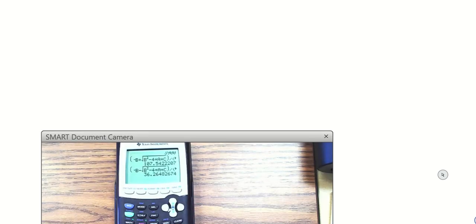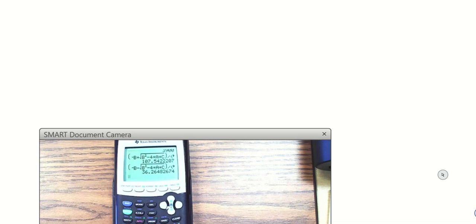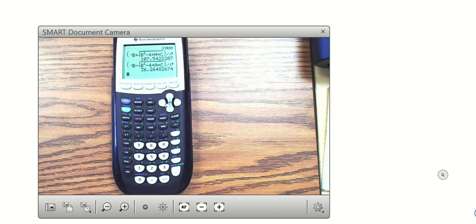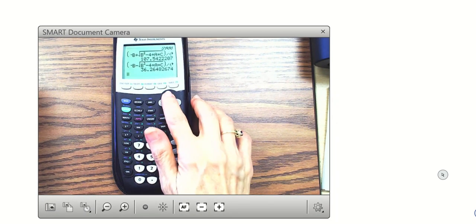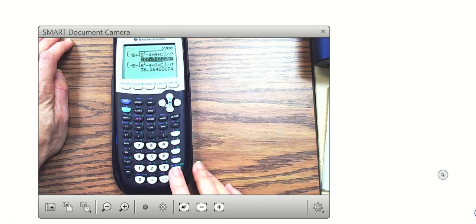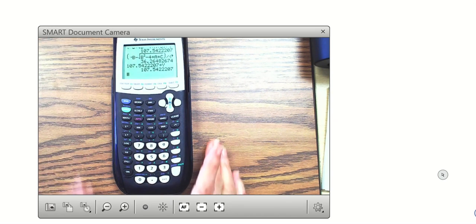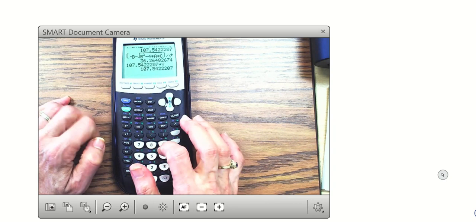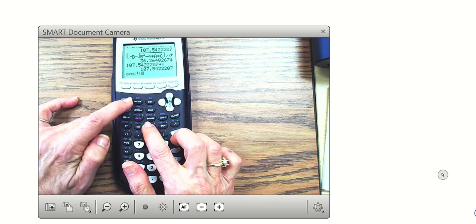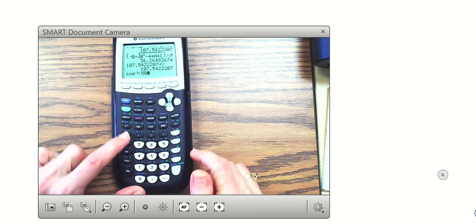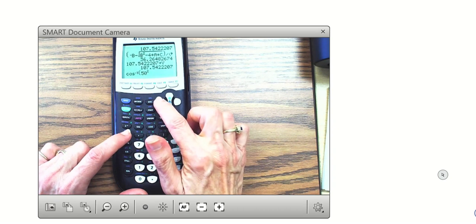I'm going to come up here and take this 107, and I'm going to store that for y. So that's down here, alpha, store that for y. Now when I use my law of cosines, I can do my inverse cosine of 50 squared. Oh, sorry, let me come back.